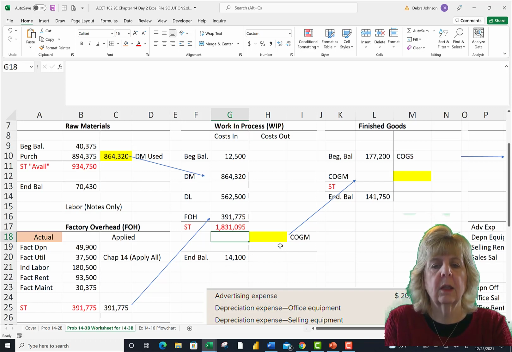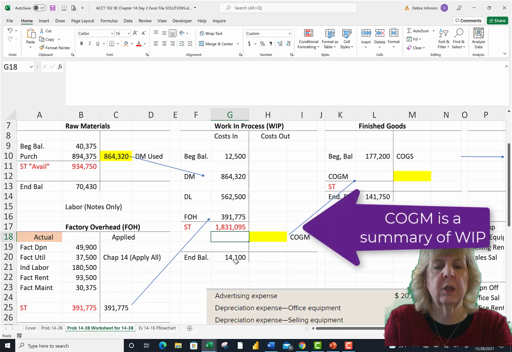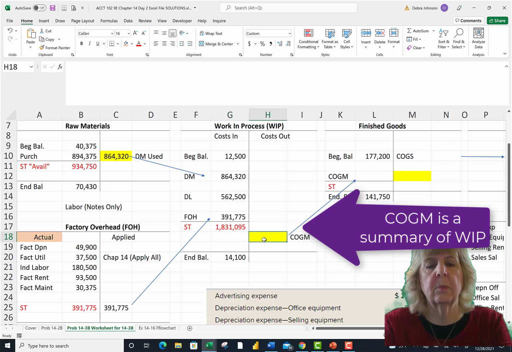So to calculate that yellow cost of goods manufactured, I'm going to take the difference between these two. What does that mean? It means that the difference between these two is the amount of the finished items that were completed during the period.